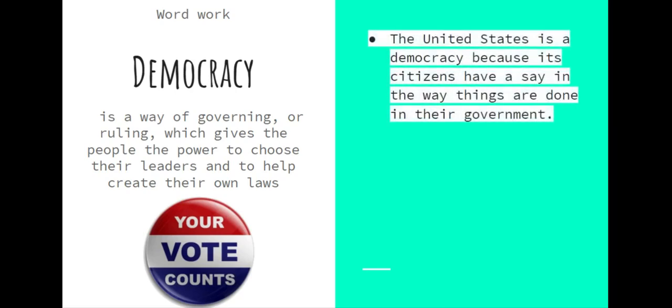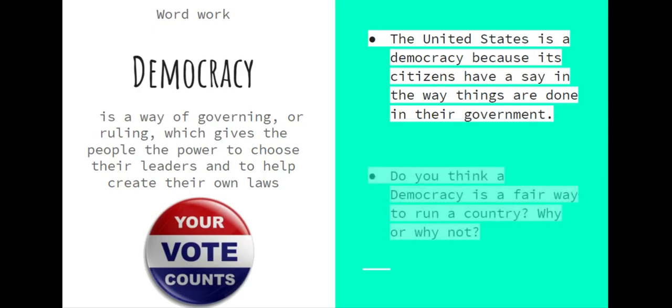The United States is a democracy because its citizens have a say in the way things are done in their government. Do you think a democracy is a fair way to run the country? Why or why not? I definitely think it is a fair way because not one person is making a decision, but it's the people helping make the decision.